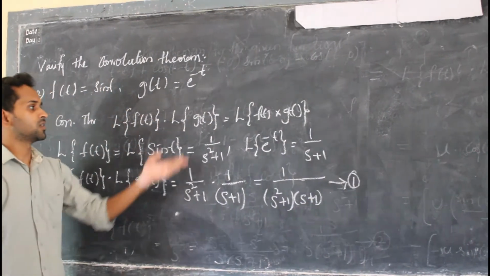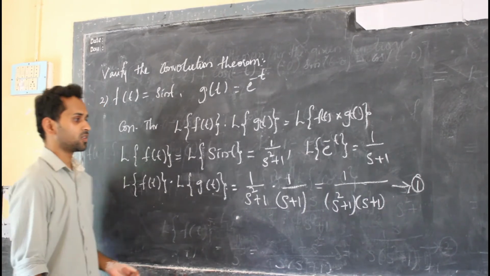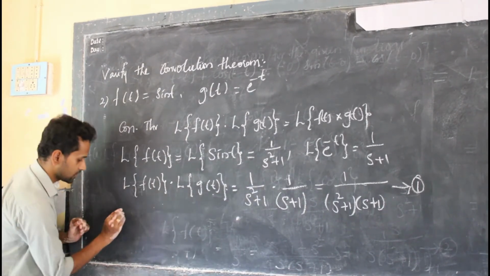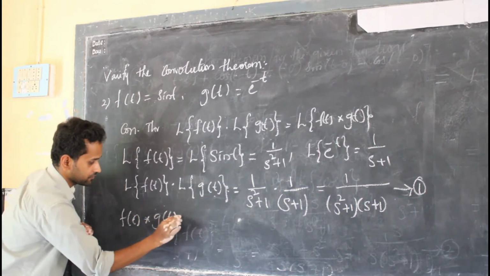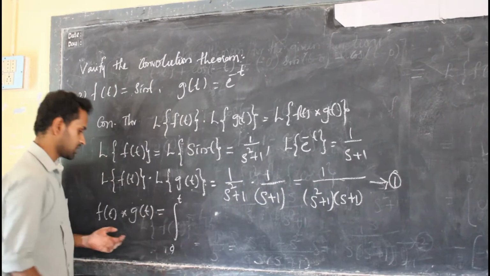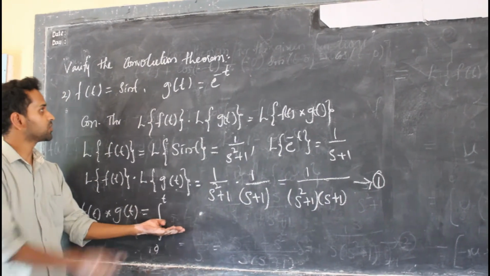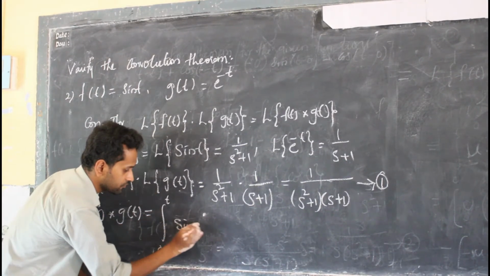Now I consider the right hand side and prove it is the same as what I got in equation 1. So now let me consider f of t star g of t equal to the integral from 0 to t. What is the formula I have? f of u. What is my f of t? Here it is sin t, so f of u becomes sin u.